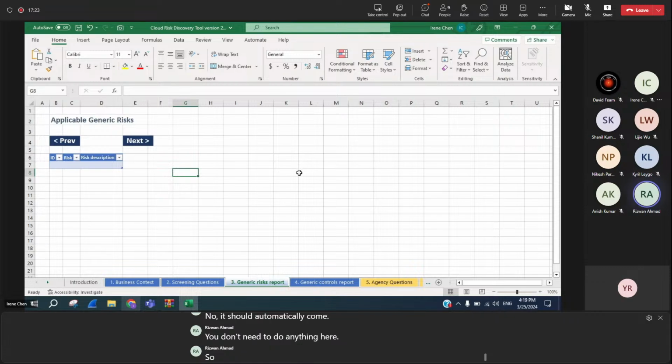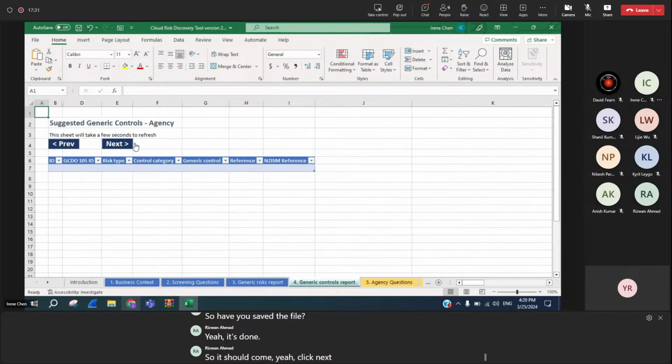So have you saved the file? Yeah, it's done, so it should come. Click next. There should be some missing information left.